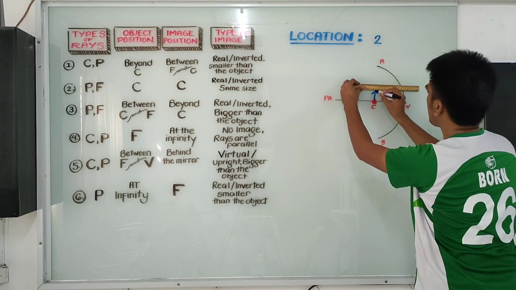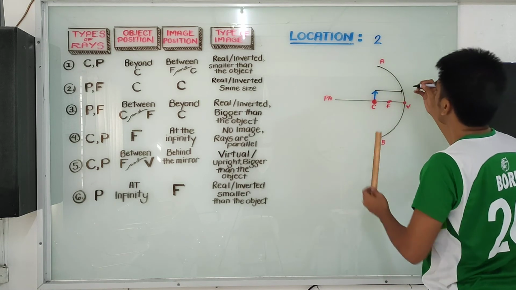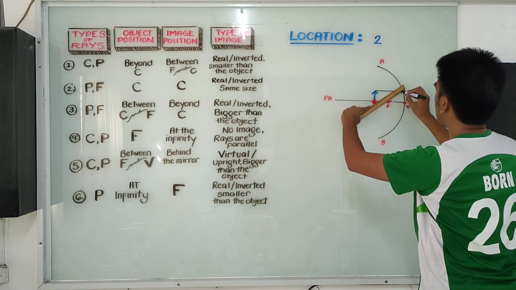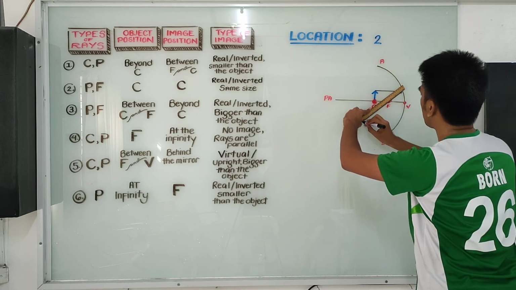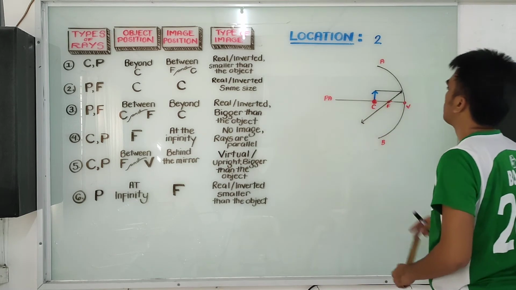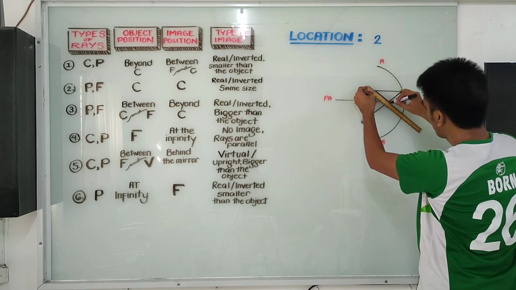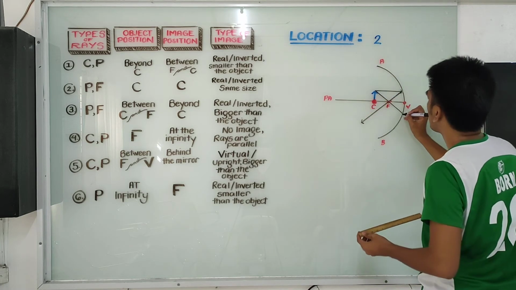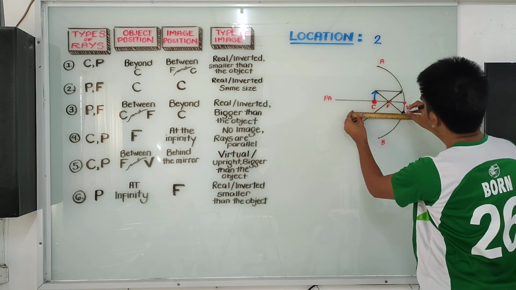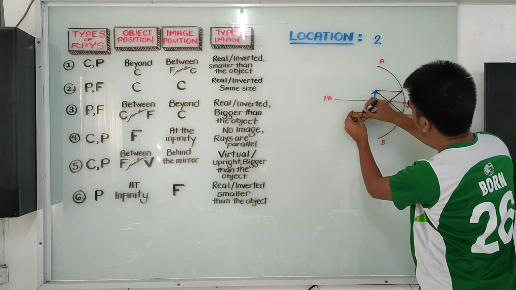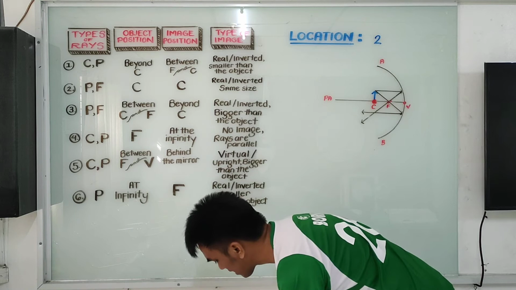So the principal ray is always parallel to the principal axis, and it passes through the focal point. Now, if it's a focal ray, the incident ray passes through the focal point, and ayan. Okay.